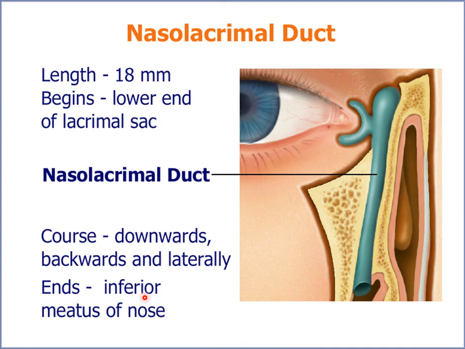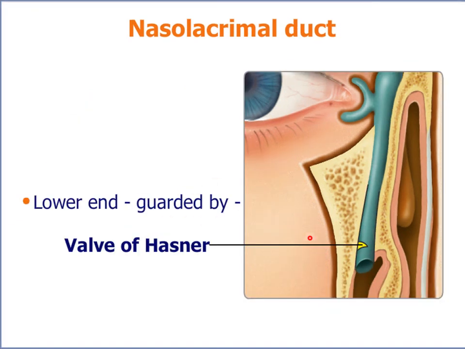It lies in the bony canal in the lateral wall of the nose, which is formed by the frontal process of the maxilla. At the lower end of the nasolacrimal duct, you find an ill-defined mucosal fold.